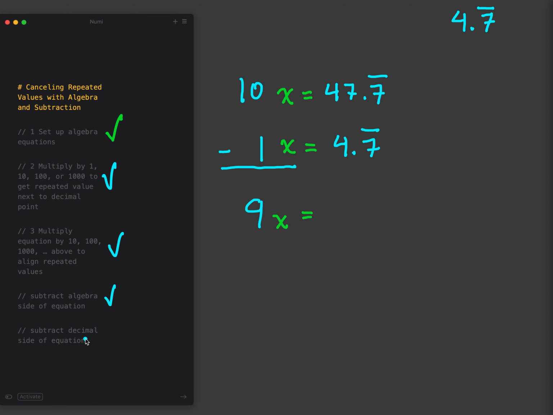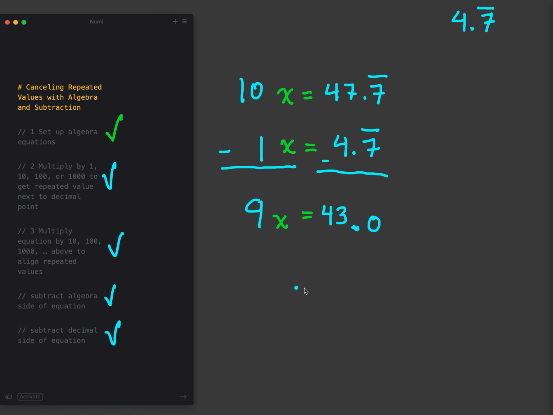Now I want to subtract the decimal side of the equation, and so that's going to be 47.7 repeated minus 4.7 repeating. And so I'm going to do 0.7 repeating minus 0.7 repeating, that's going to be 0. And then I'm going to do 47 minus 4. Well, 47 minus 4 is going to give me 43. And so I end up with 9x equals 43.